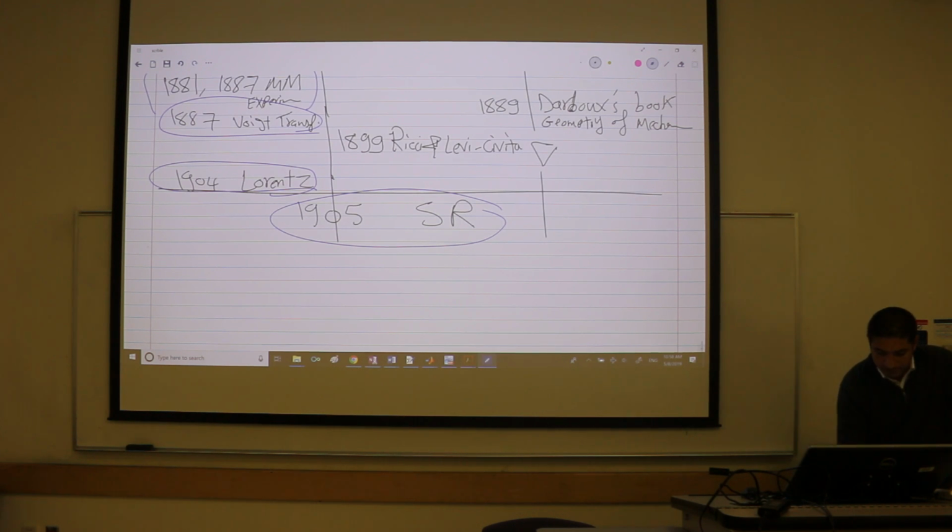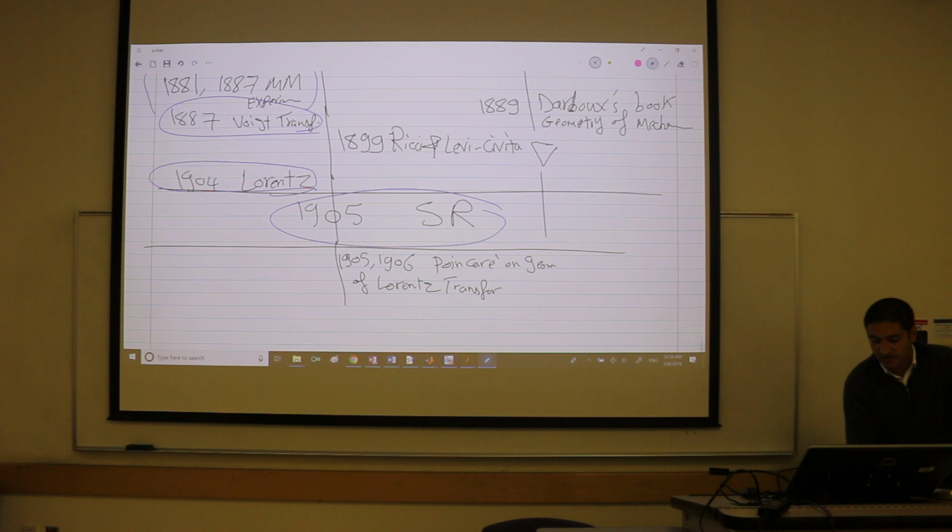But moreover, in 1905 and 1906, we have the work of Poincaré on the geometry of the Lorentz transformation. So he showed that this transformation is actually a rotation, just a rotation matrix on the 4D space X, Y, Z, and ICT.